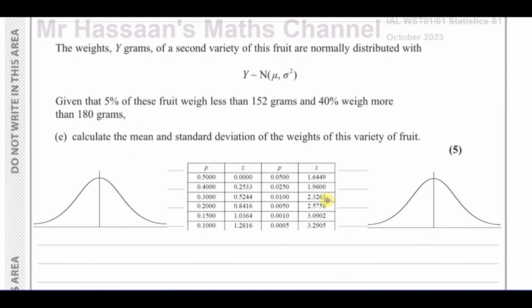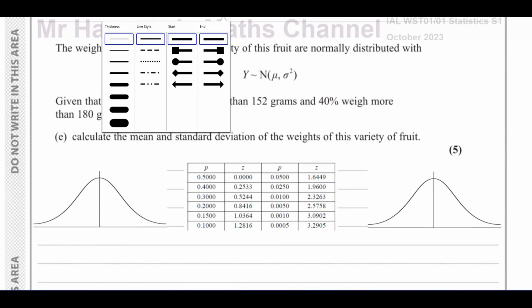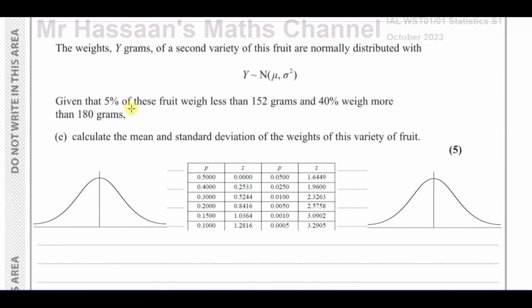Okay, so now let's look at the first situation. They've told us that 5% of these fruits weigh less than 152 grams. So 152 must be somewhere on the left side of the mean, because the area to the left of it is only 5%.